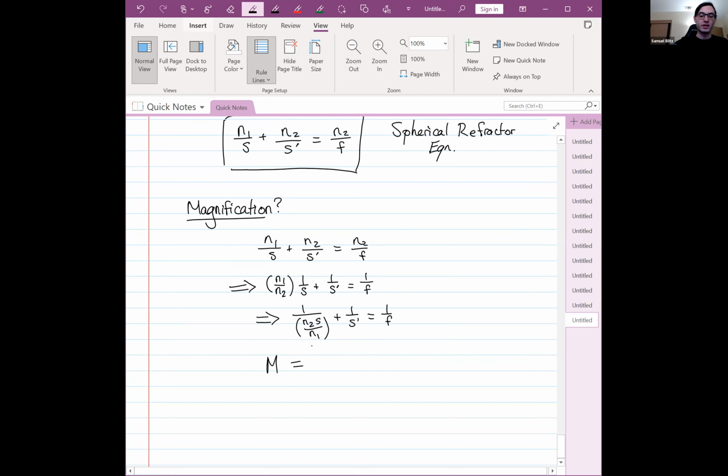But here, s is this thing. So the magnification works out to be negative s prime divided by n1s over n2, which, simplifying a little bit, is negative n2 s prime over n1 s. And this is the magnification for spherical refractors.